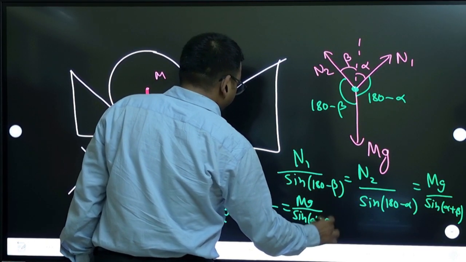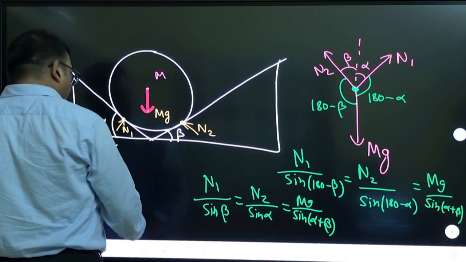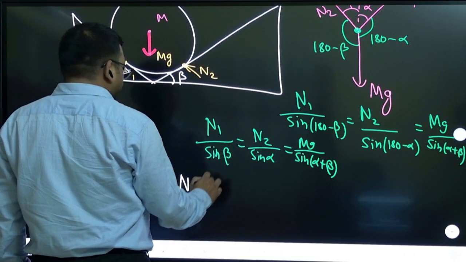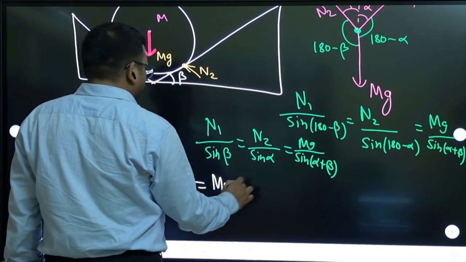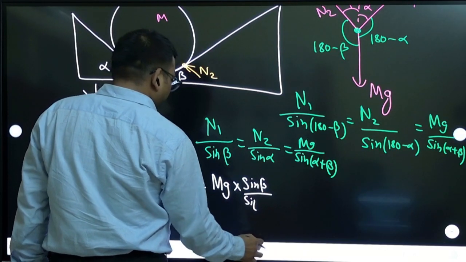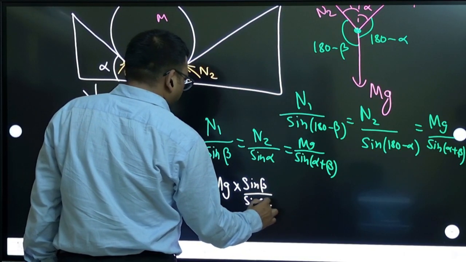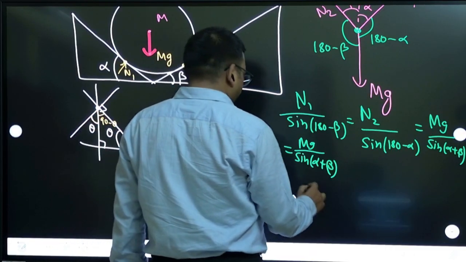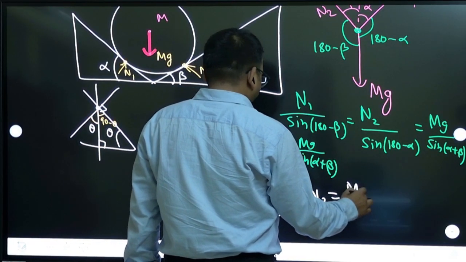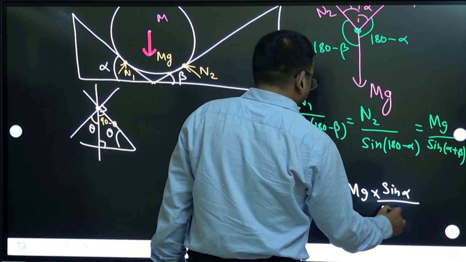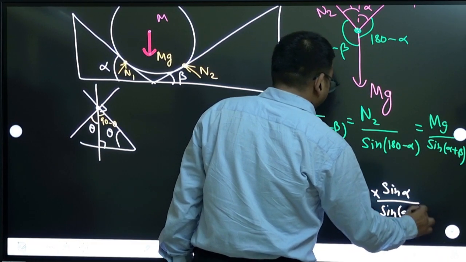And suppose if we need to calculate N1 and N2, N1 can be calculated as mg times sine beta by sine alpha plus beta. Similarly, we can calculate N2 as mg times sine alpha by sine alpha plus beta.